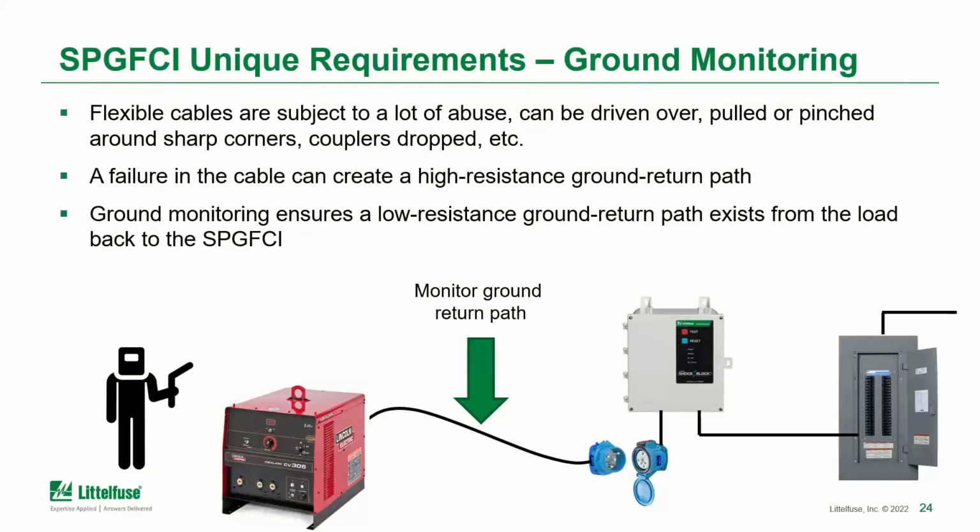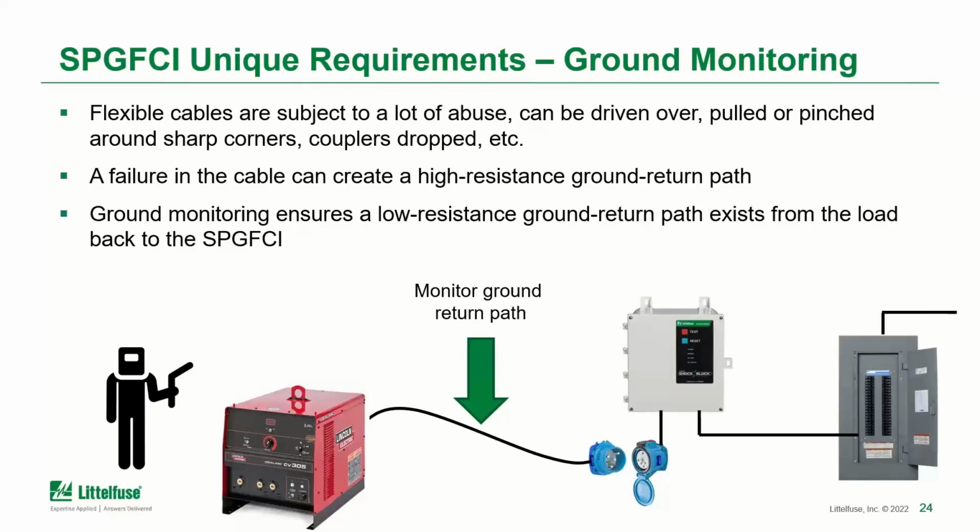Now, the reason that that's included is if you just look at a typical setup here where you have a distribution panel going to a special purpose GFCI, in this case with a receptacle, and then you have a flexible cable out to a load. So in this case, we have a 3-phase welder. Now that cable, where I have the green arrow on there, it could be subjected to a lot of abuse. Maybe it gets stretched and pulled around corners, gets driven over, gets pinched.